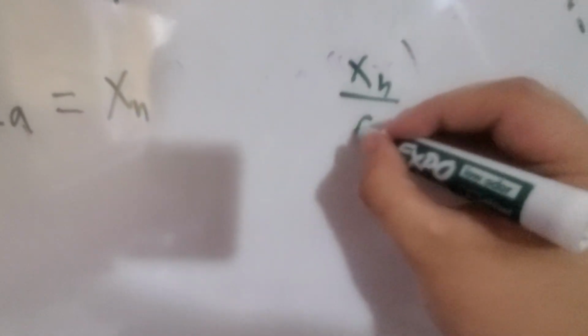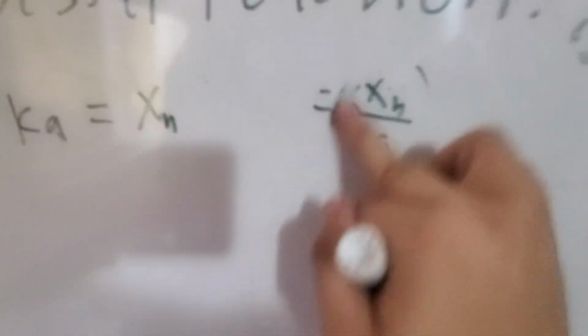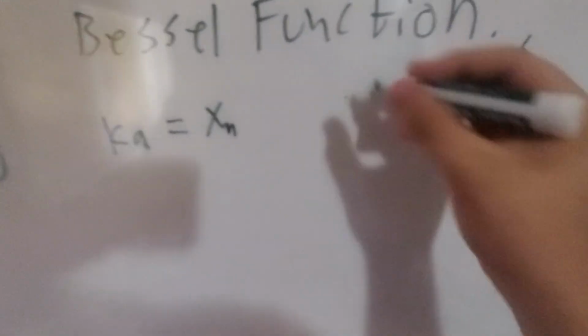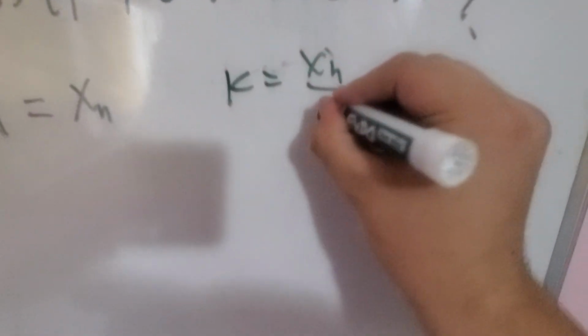What this means is we can then solve for k, so we get xn over a equals k. K equals xn over a.